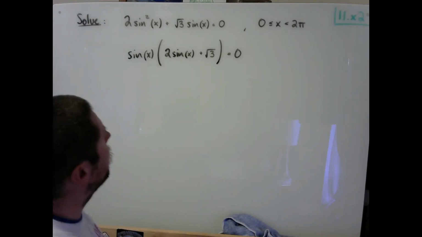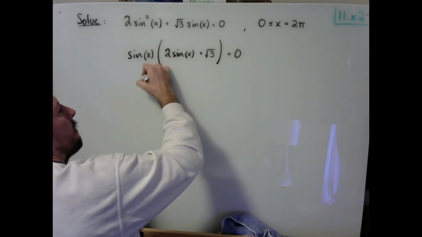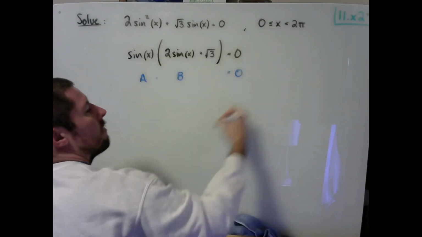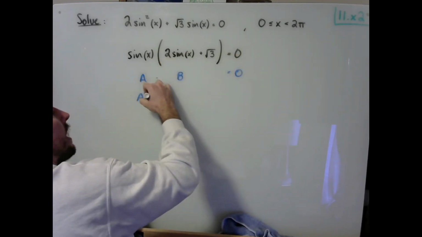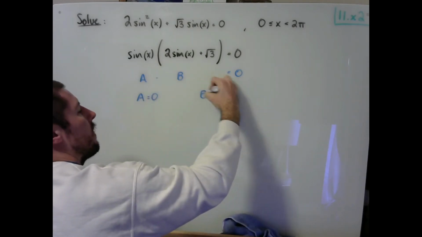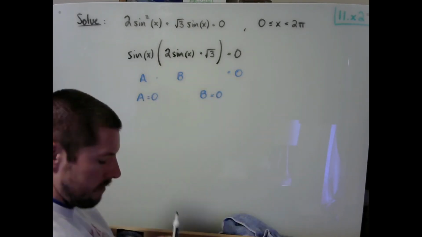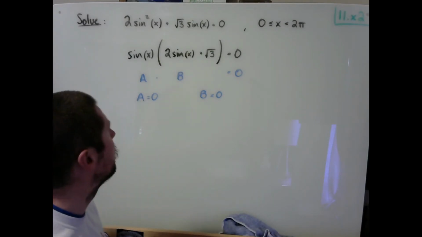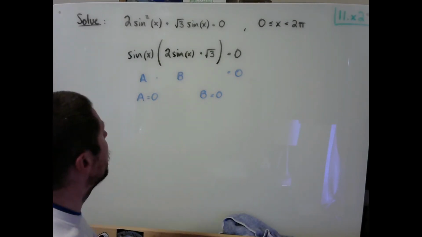The reason that this is very helpful for me is because I can say to myself, if a times b is equal to 0, then it must be the case that a equals 0 or that b equals 0. If you ever multiply two numbers and get 0, one of them was 0, for sure. So I can do that in this case here.